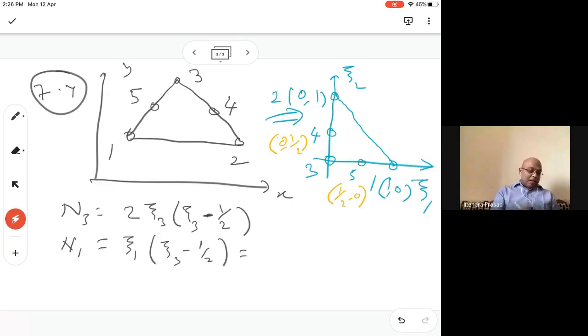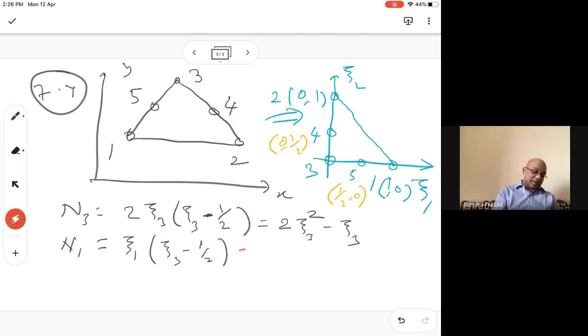Now, similarly, if you see this one, do you call it quadratic? Here the meaning is this becomes 2 xi3 square minus xi3.